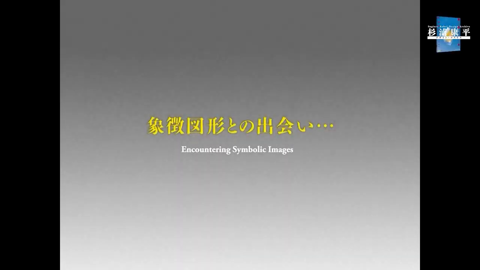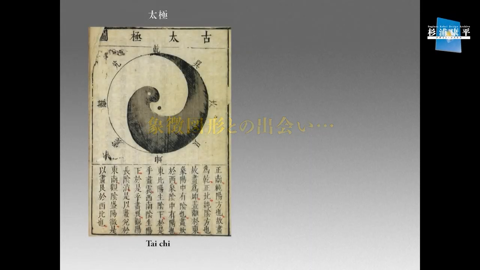By the way, from the 1970s to the 1980s, I began to study various symbolic images of the world. These are two of the images I came across during that time. The first thing that appeared, needless to say, was the Tai Chi map produced in China, a picture of the swirling yin and yang.